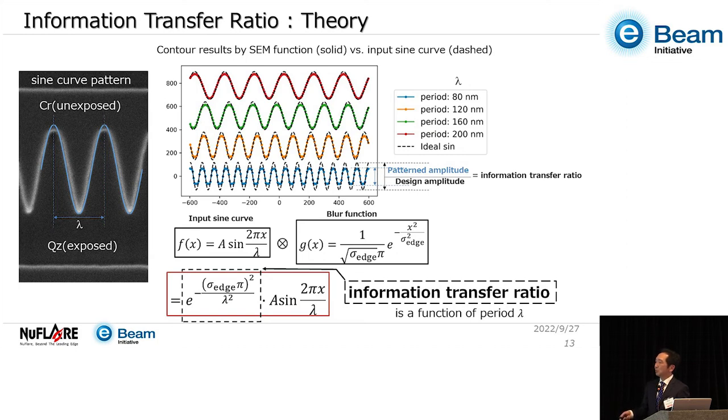It is expressed by the period of the sine, and the blur of the beam and process and others. And we define this as the information transfer ratio and evaluate it for a bunch of process conditions.